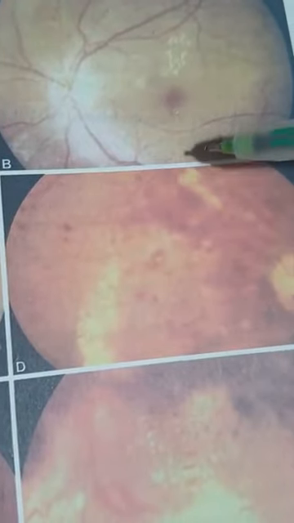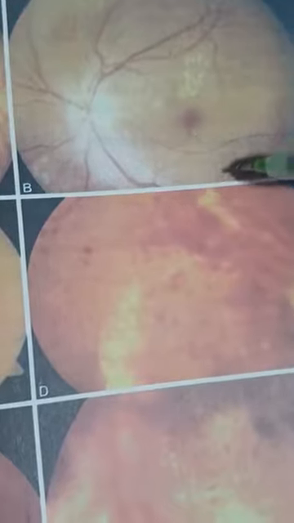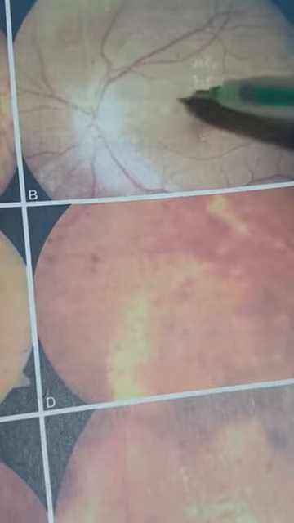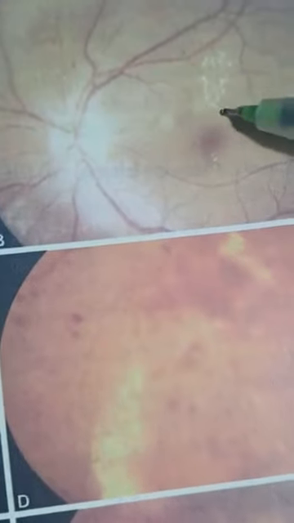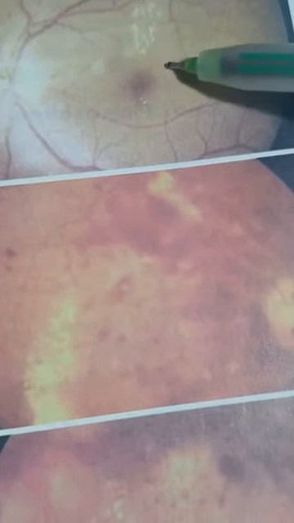Then there are early mild intraretinal microvascular abnormalities. Can you see this? And you can also see some hard exudate. What are the hard exudate? Those are the yellowish white waxy looking patches which are arranged in clumps. So this is basically moderate NPDR.